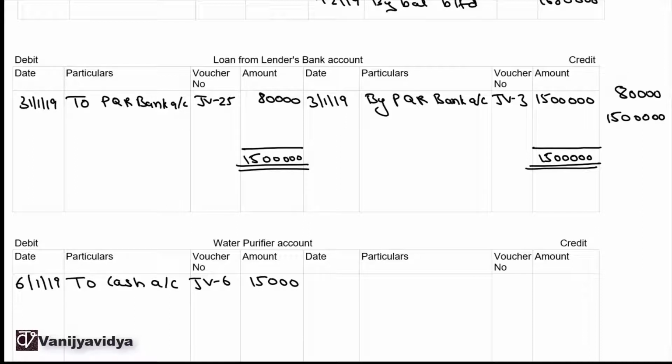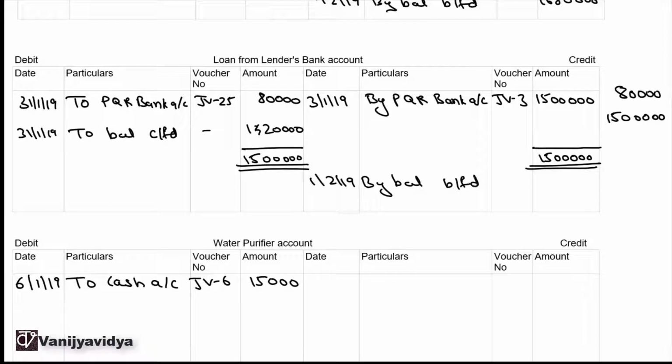So that comes to 14 lakh 20,000. So on the debit side 31st Jan 2019 to balance carried forward 14 lakh 20,000, on 1st Feb 2019 by balance brought forward 14 lakh 20,000. Now let's move on to the next ledger account.